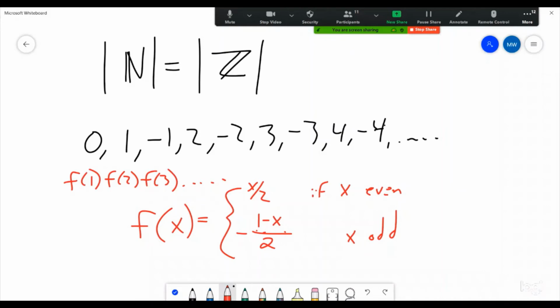Sorry, what was it that you did first? From 0, 1, -1, 2, -2? So if you can list every element in the set that you're trying to show is the same size as the natural numbers, then that list is going to be a bijection.